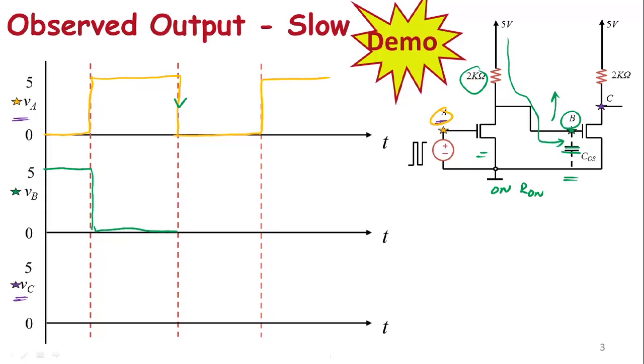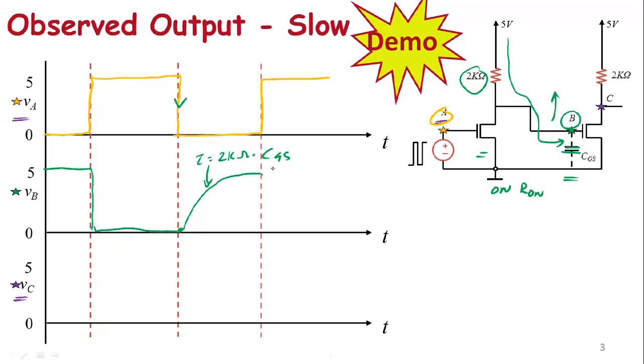So in this case, let's assume it's a pretty large time constant, and so what I expect is something like this. I'm going to start off at 0, and I'm going to see some kind of a rising waveform that looks like this. Okay, and this is going to reflect some time constant. Tau for this will be reflective of 2 kilo ohms times CGS. Let's assume it's a pretty large time constant.